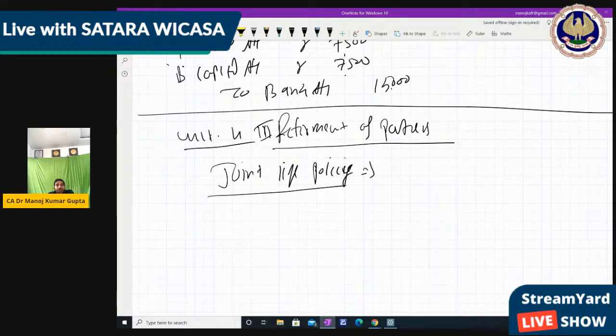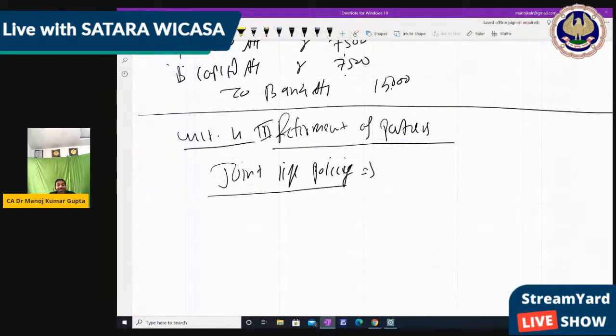But once a partner retires or anything changes in the partners, in this case, they say your joint life policy will not continue. Why? Because change in the joint life policy is not allowed. So what do we have to do?